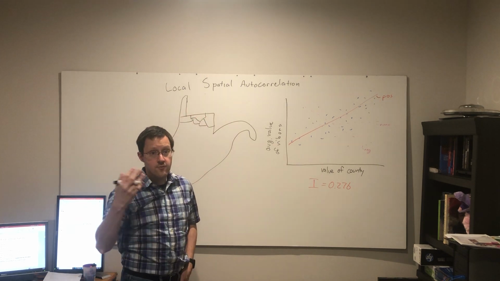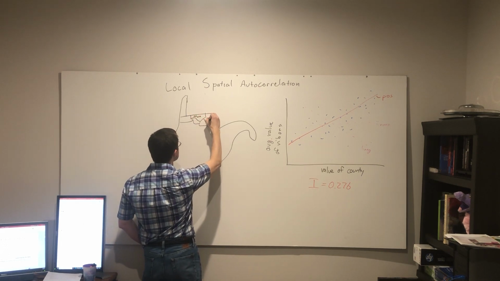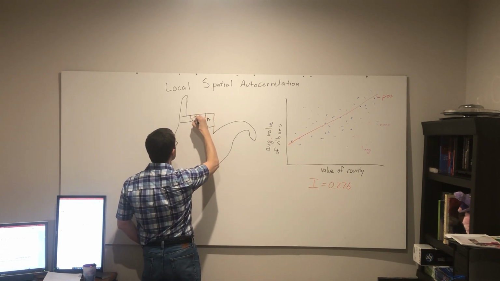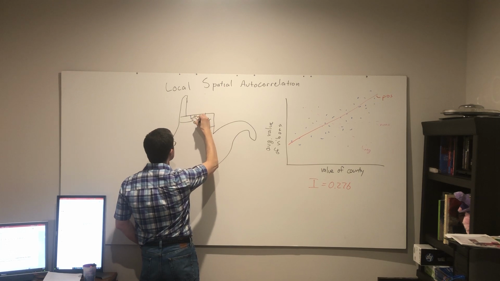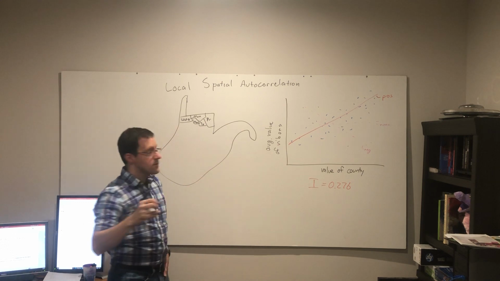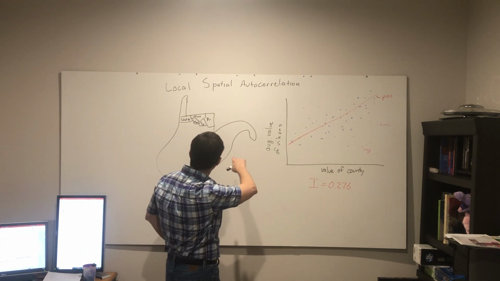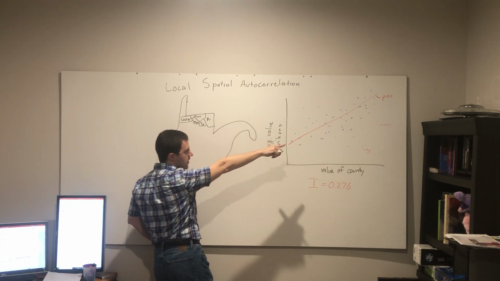So Monongalia County has 4 neighbors. I can then say, okay, where in here is Monongalia County?